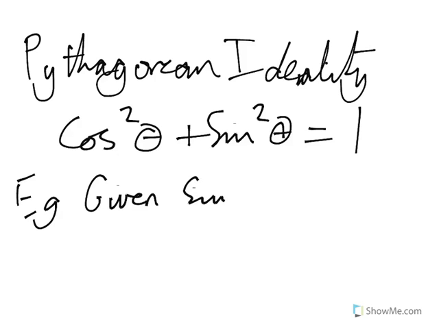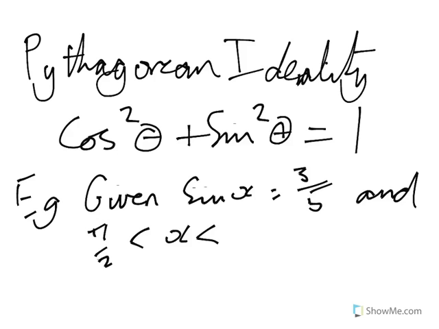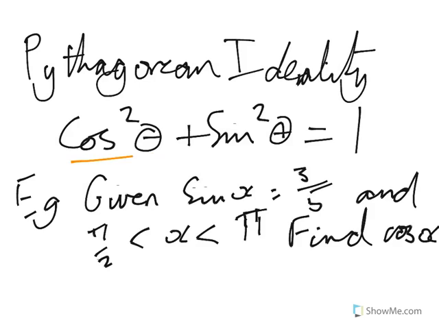Given sine x equals 3/5 and pi on 2 is less than x is less than pi, find cos x in this case. So we've got some information. We've got what the sine x is.